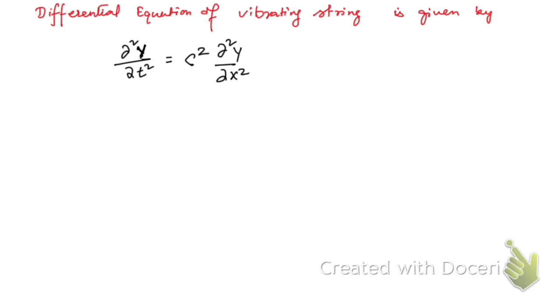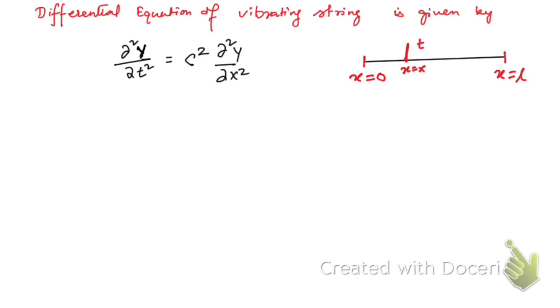So here is the string, suppose, and let me take this one as x is equal to 0 and this is x is equal to L, so that the length of this string is L. Now you see, suppose this is a point at x. Its displacement will vary with time.